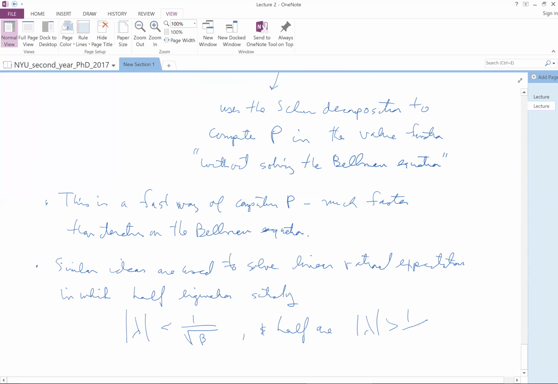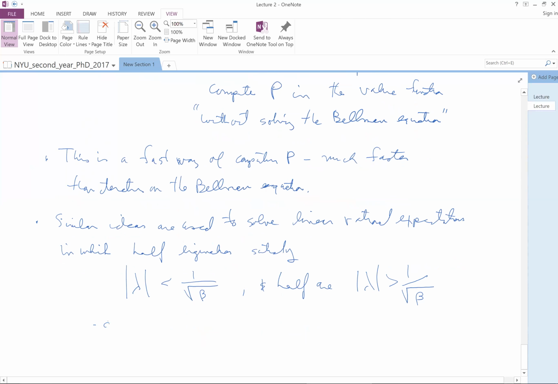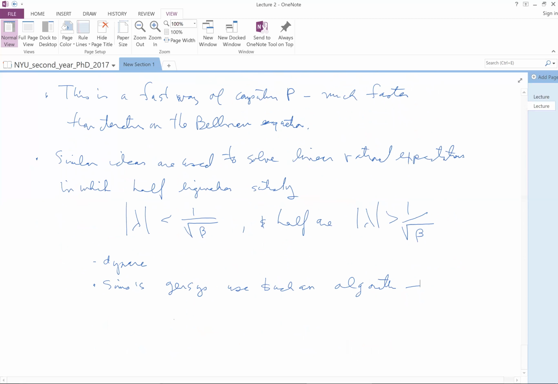And I've adjusted this condition for discounting. That's what the condition is. So, for example, Dynare and Sims's gensys use such an algorithm. And it's all based on the Schur decomposition, or something equivalent.